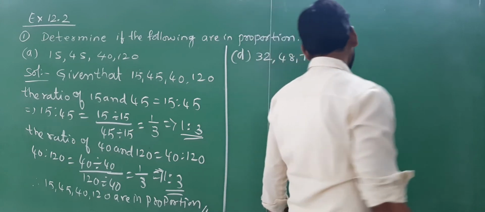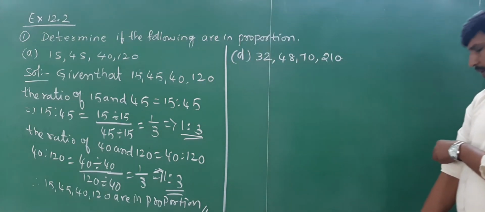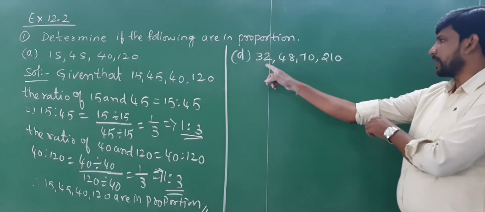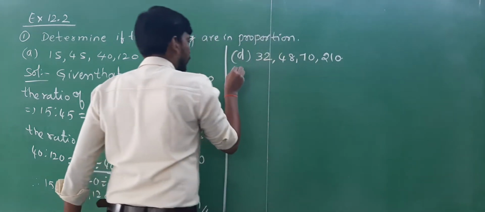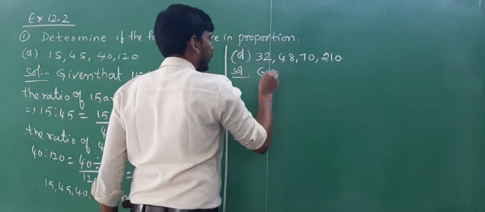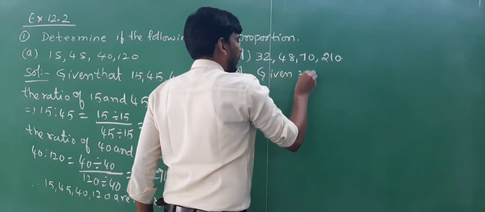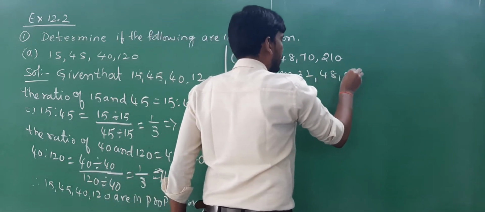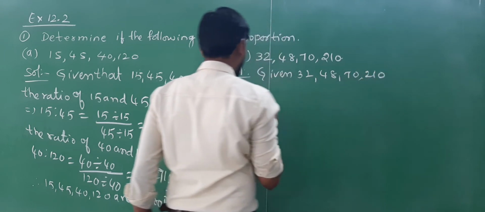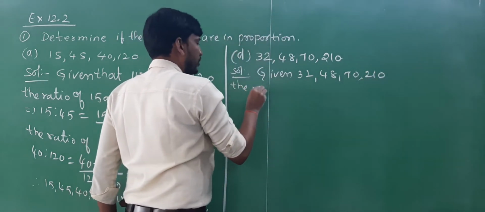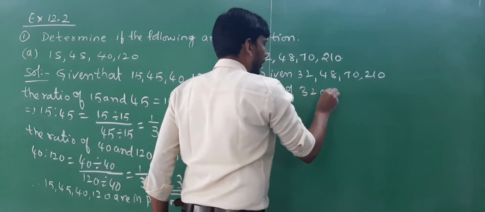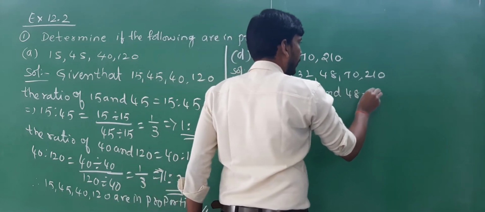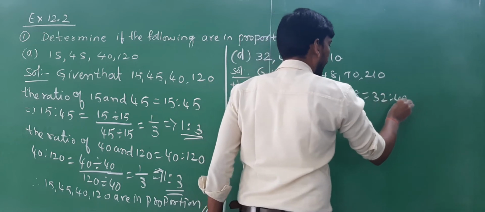Next, come to the D bit: 32, 48, 70 and 210. So we need to find the ratio of 32 and 48, and 70 and 210. So given 32, 48, 70 and 210, first of all find the ratio of 32 and 48, which is 32:48.